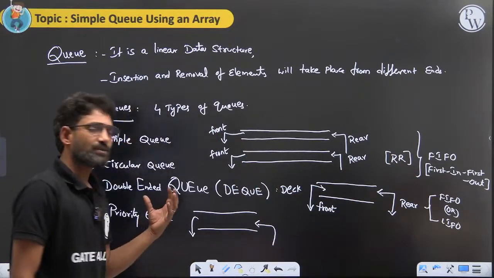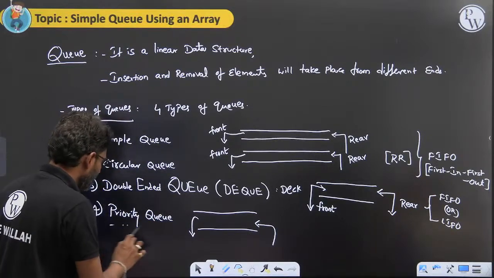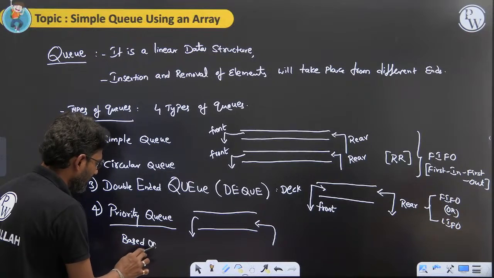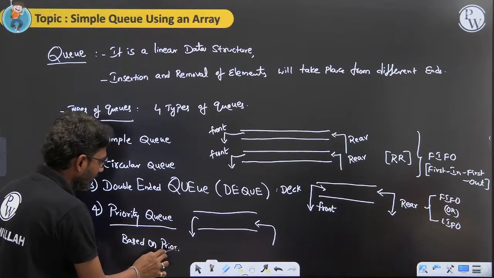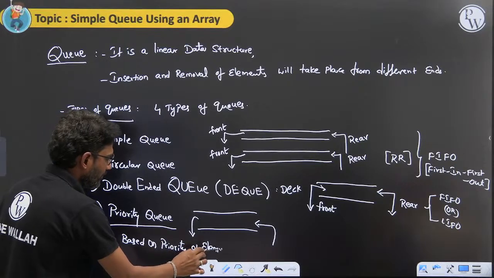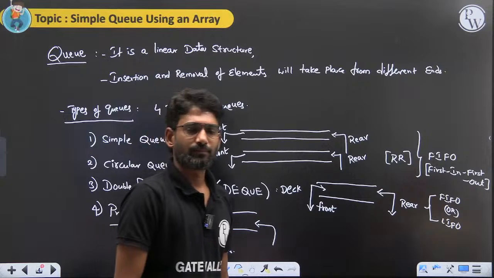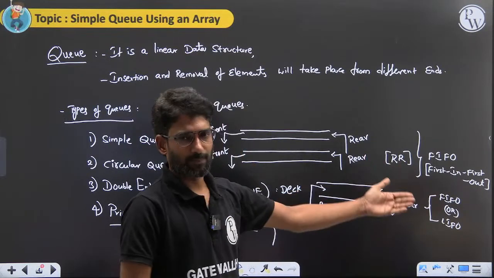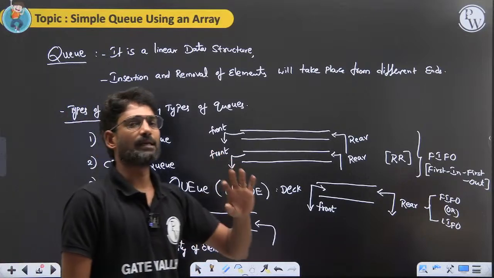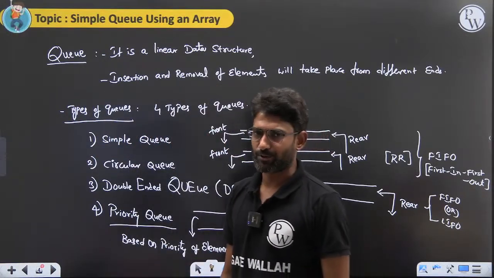But when you see priority queue, it purely works based not on arrival time, but based on priority of elements. Again the next upcoming second class is priority queue. So there we will try to understand a little more about that priority queue nature.